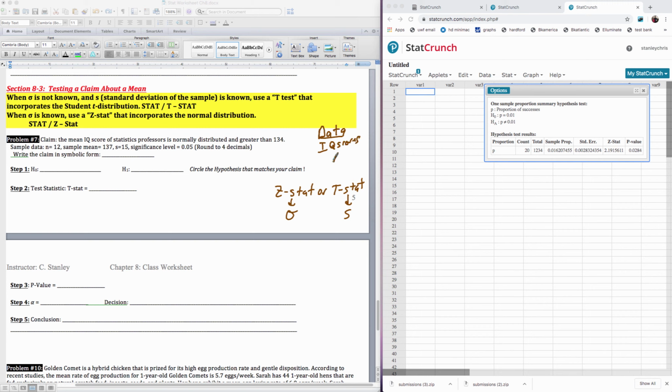Well, you could get an average with IQ scores. So that's what makes it a mean test and not a proportion test. They're not counting anything. They're actually getting the IQ scores from the professors. So once I know the data is quantitative, they could get a standard deviation. So I'm looking at this s right here. That tells me it's going to be a t-test or a t-stat.